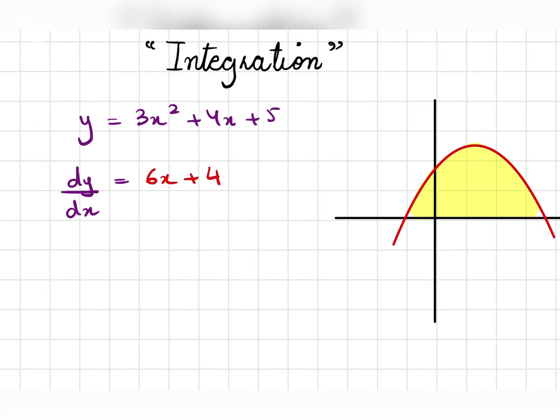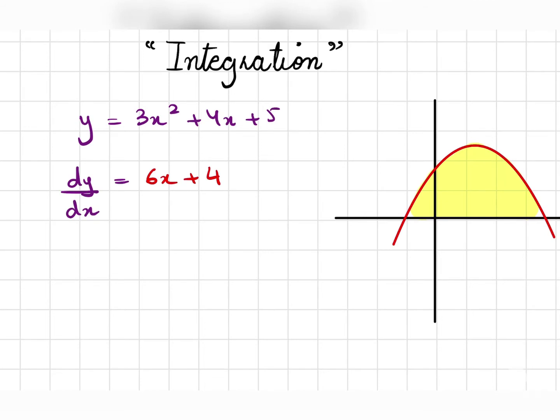This differential is the gradient of the curve. By differentiation, I found the gradient. So by integrating the gradient, I can find the equation of the curve. So what I mean is, you can get this from this and you can get this from this. This can be done from differentiation and this can be done from integration.